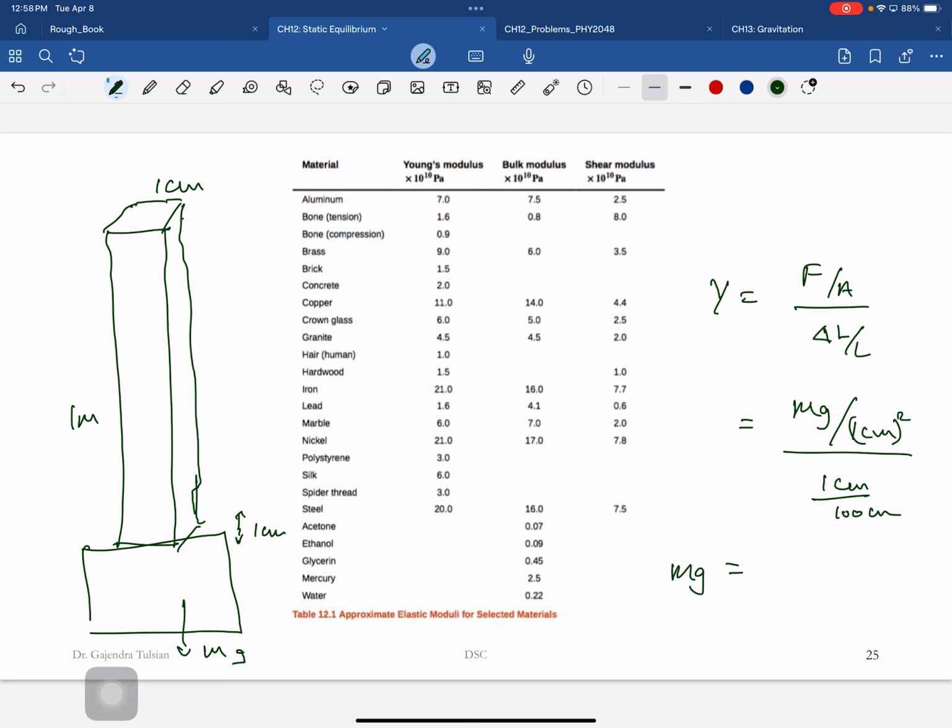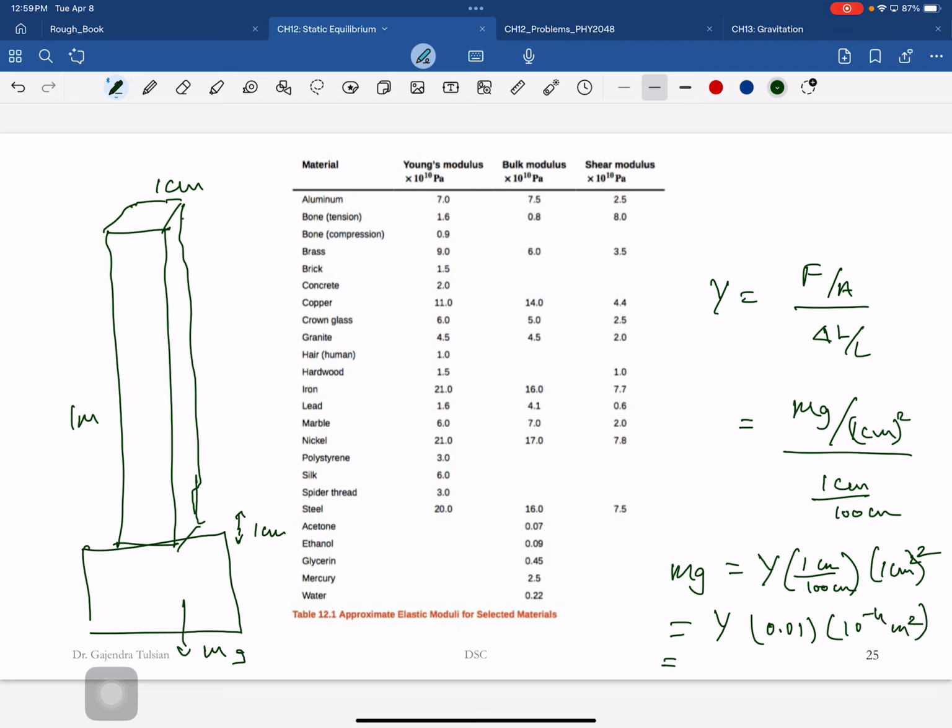So mg is Y times 1 centimeter. So Y times 0.01, and that's 10 to the minus 2 meters, so that's 10 to the minus 4 meters squared.